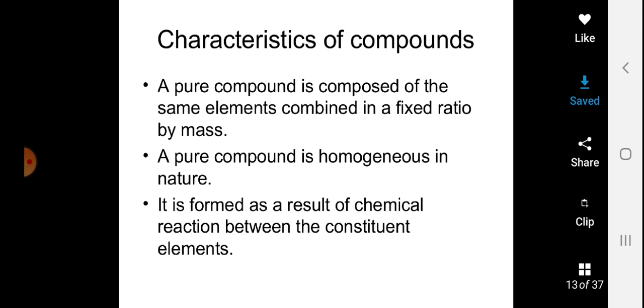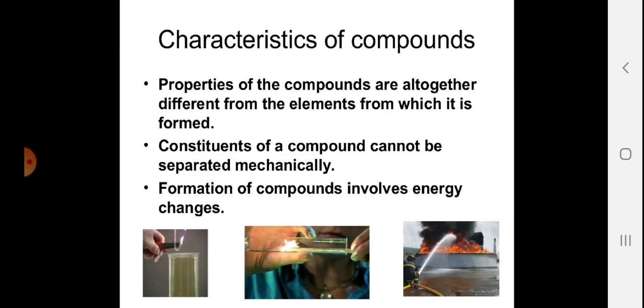Let me explain the third property with an example. Na and Cl combine together by means of a chemical reaction. So two individual constituents like sodium and chlorine combine together, and at the end of the chemical reaction they form NaCl, which is sodium chloride.